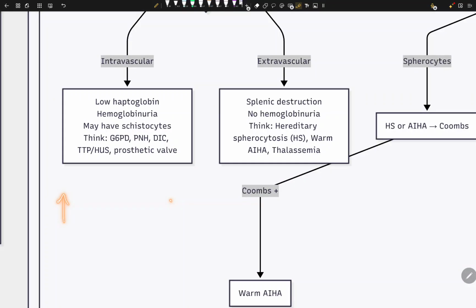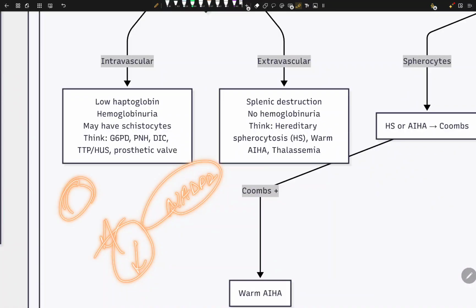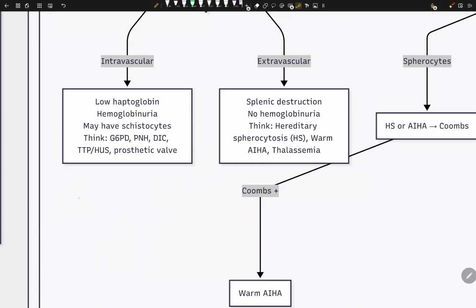If we have G6PD deficiency, we will have less NADPH. If we have less NADPH, we have less reduced glutathione and less protection from oxidative stress. The RBC is gonna get destroyed, and then we have intravascular hemolysis.